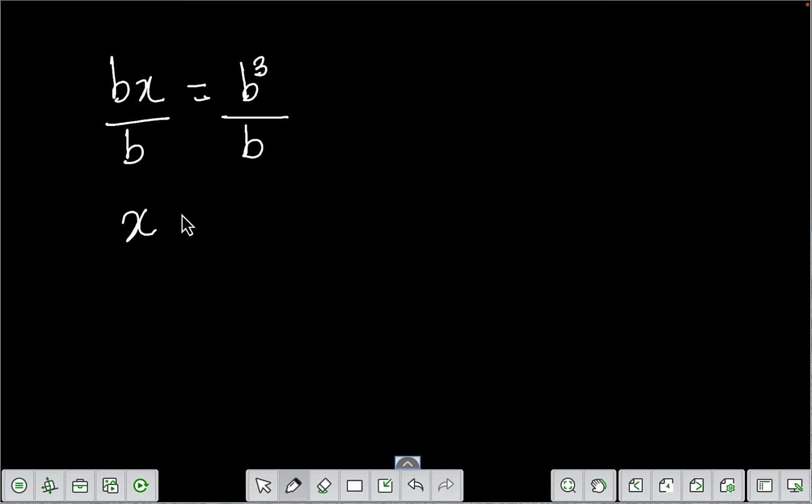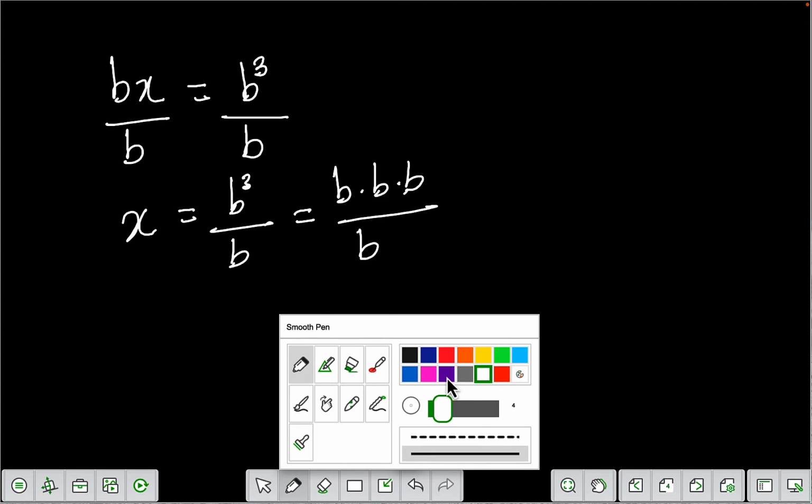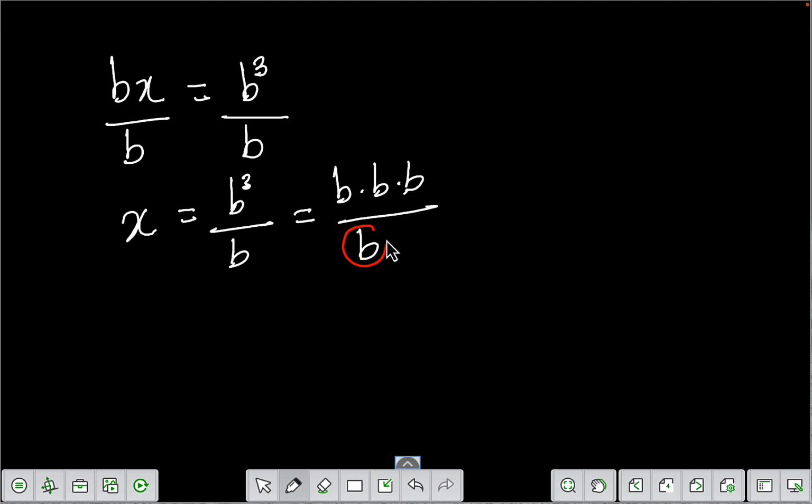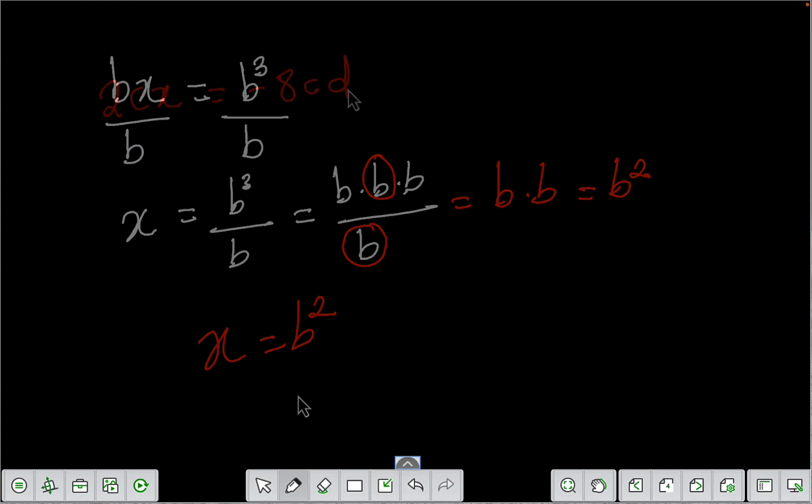So x is equal to b cubed over b. Now here you would understand that b cubed means that b is multiplying itself 3 times, right? And so we can cancel out one of the b's and we have b multiplying itself 2 times, which is the same as b squared. So x will be equal to b squared.